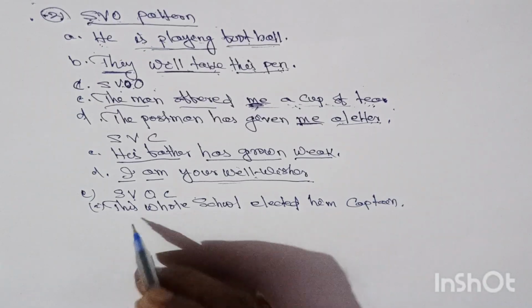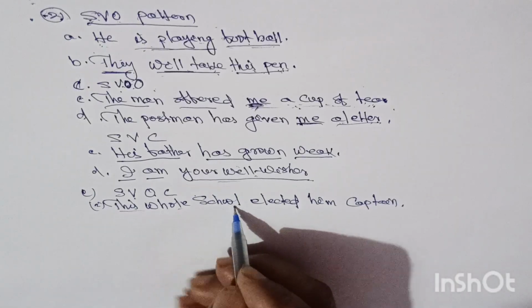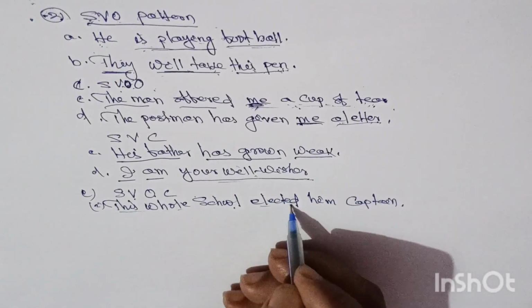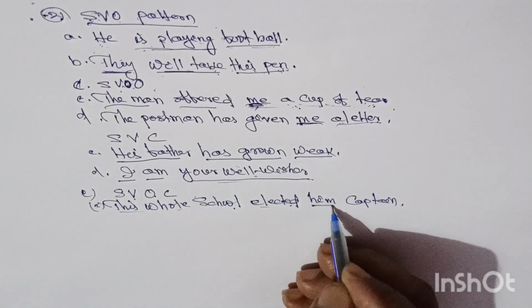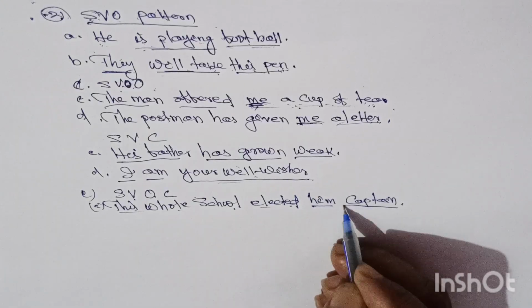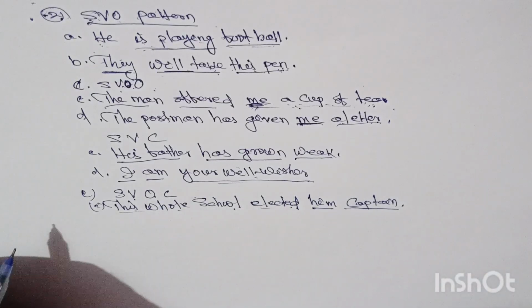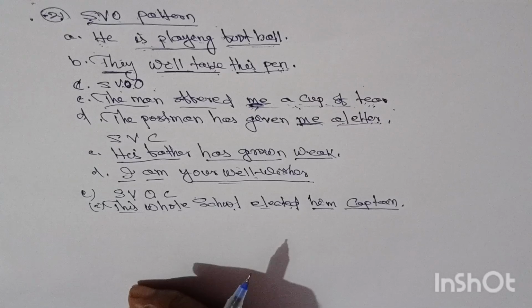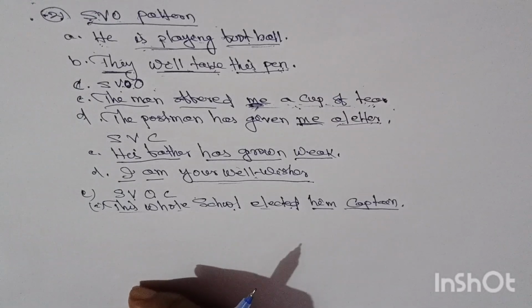Here the subject is this whole school, the verb is elected, him is the object, captain is the complement. So it is SVOC. In this way you can know the SVOC pattern.